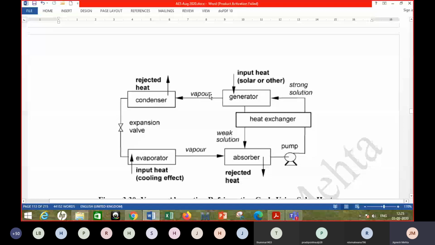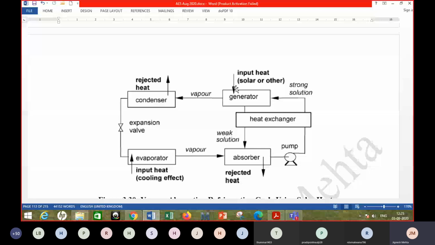This is the simplest way in which you can construct this cycle. So it is a single stage system, right, which needs comparatively low temperatures from the solar collector.